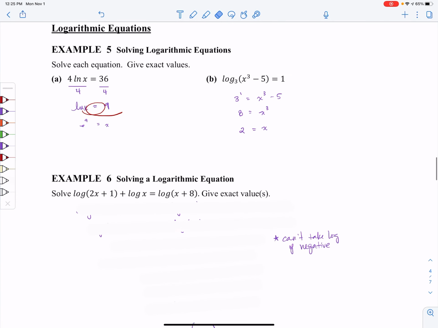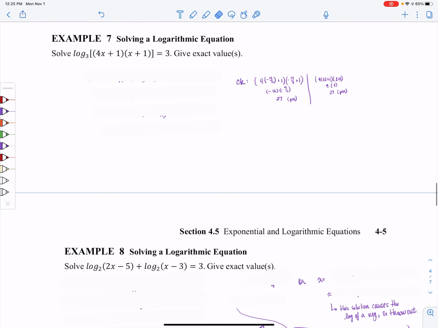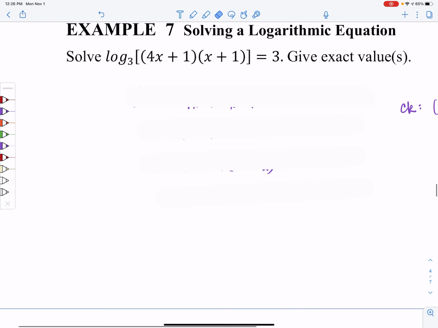Let's look at example number 7. So for example number 7, once again, I have a single log. Now it's big and ugly, but it's still just a single log. It's alone on the left side. And so we're going to take our base of 3, raise it to the 3rd power, and make that equal to our quantity.